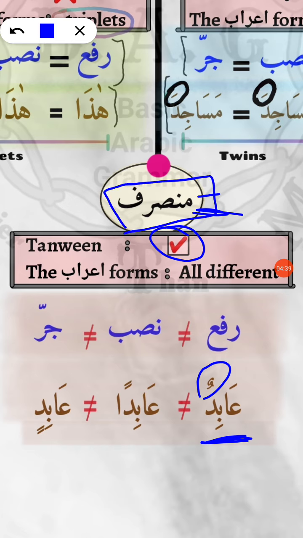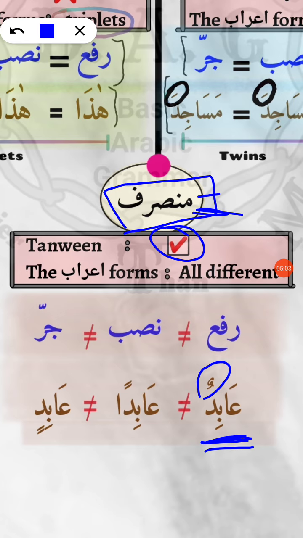That's what's important to memorize and understand. If a derivative doesn't carry a tanween, doesn't matter. But if the actual singular root word carries a tanween, that's munsarif for sure. The words that we studied so far are mu'allimatun, salihatun, and so on and so forth. Abidun is one of the words and it carries a tanween.